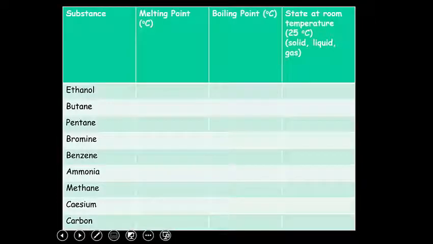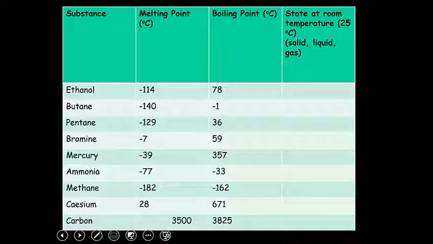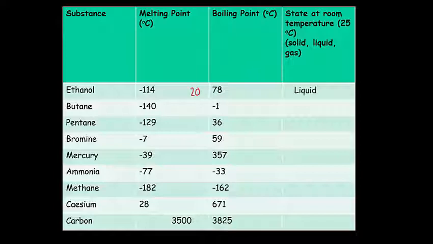Okay, let's have a look at these different substances. We've got their boiling points and melting points. We need to work out whether they're solid, liquid, or gas at room temperature. Pause the video and have a go. Okay, room temperature is about 20 degrees, so that's between the melting and boiling points on ethanol, so it's a liquid.